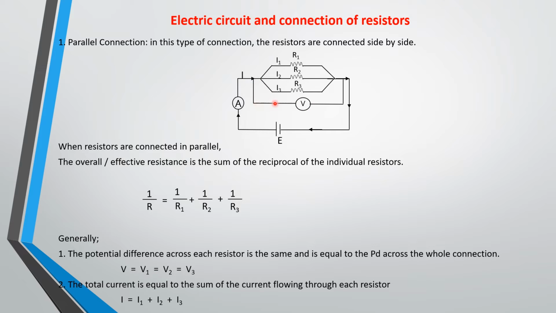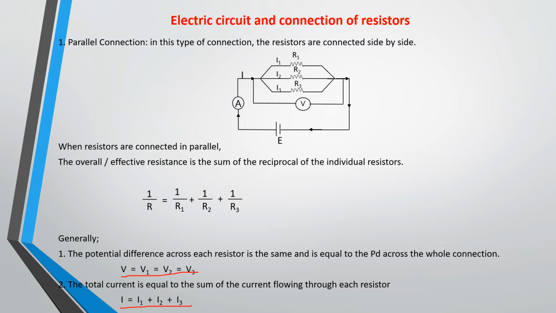The voltmeter is connected across all of them, so the voltage remains the same. So V1 is equal to V2 is equal to V3. But I is equal to I1 plus I2 plus I3.